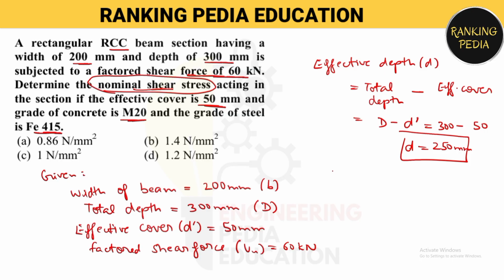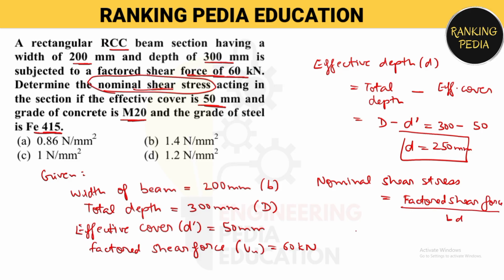Now what do we have to calculate? Determine the nominal shear stress. Nominal shear stress is the factored shear force divided by b into d. b is the width of the beam, and d is the effective depth, which we have calculated.